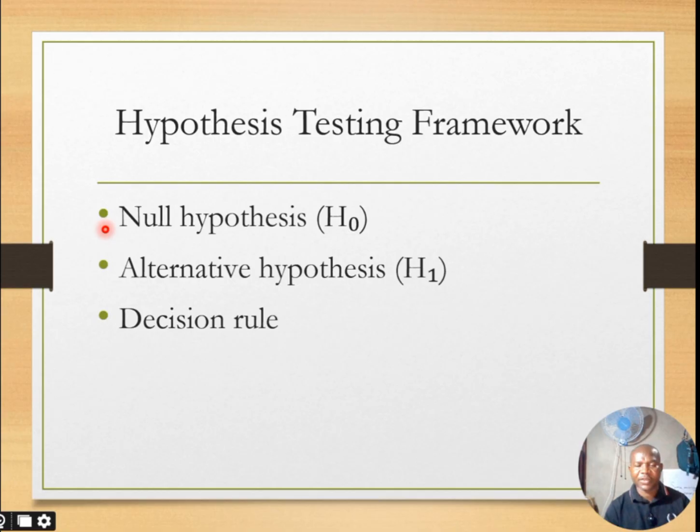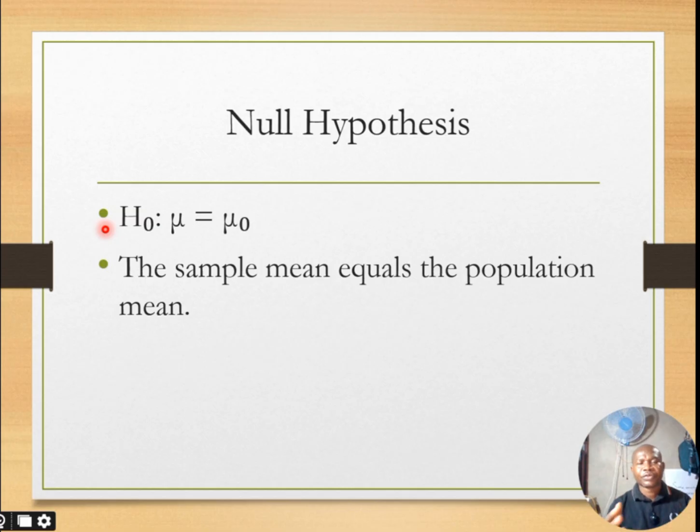If you are hearing this for the first time, please check out my other video on hypothesis testing, and this will give you the background to understand what I'm talking about here. So in hypothesis testing, you have your null hypothesis, your alternative hypothesis, and then you want to establish your decision rule. The first is the null hypothesis.